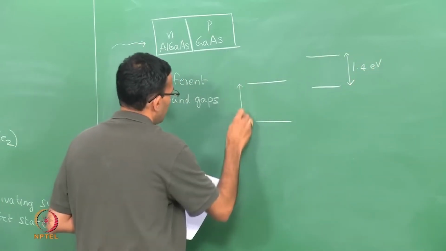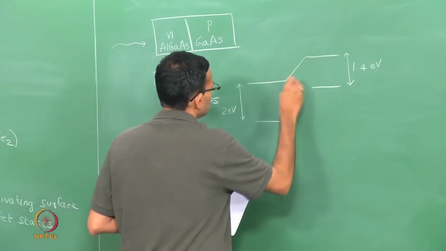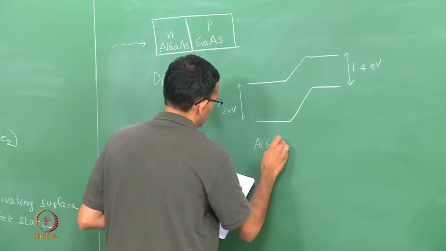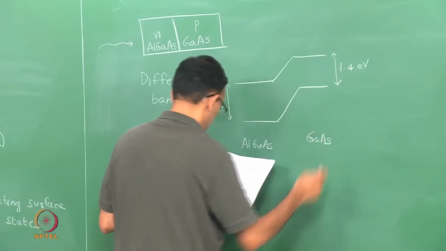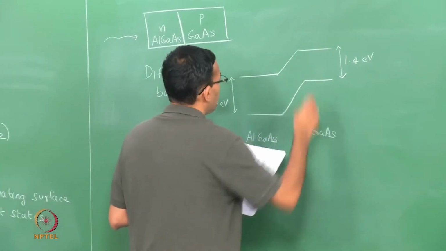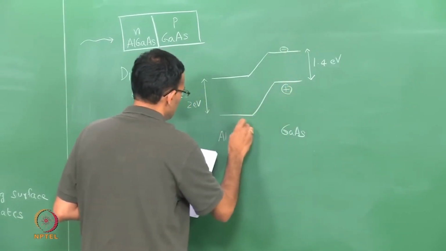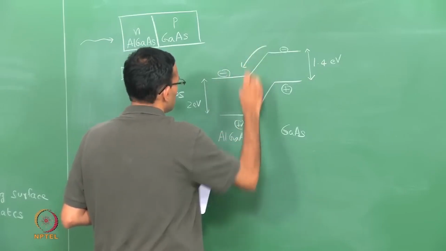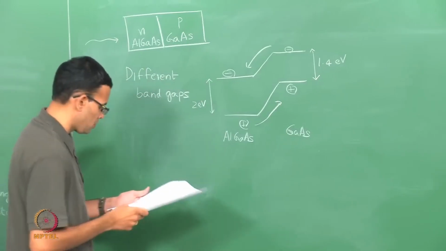This is aluminum gallium arsenide with 2 electron volts. So, any electron hole pairs that are generated can be easily separated, and this gives rise to a current.